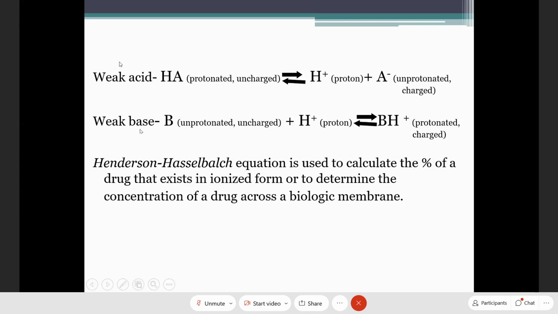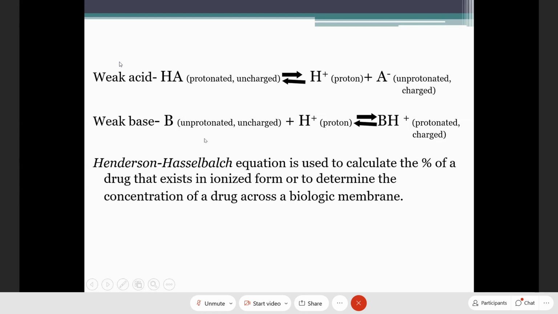A weak base can be in the uncharged form, and with a proton, in the charged form. This equation is reversible. That's why I put the arrow on 2 sides. They need to be at equilibrium. So this is the non-ionized, uncharged form, and this is the ionized form.